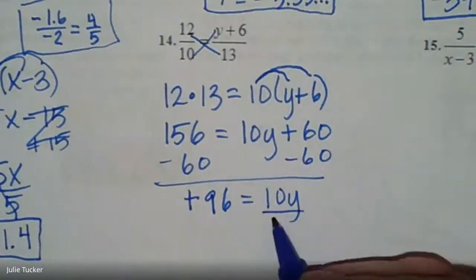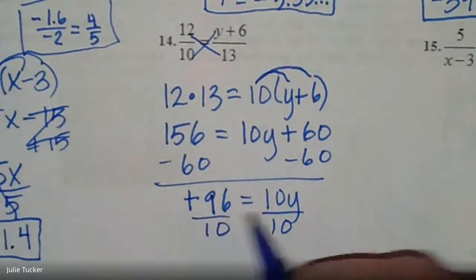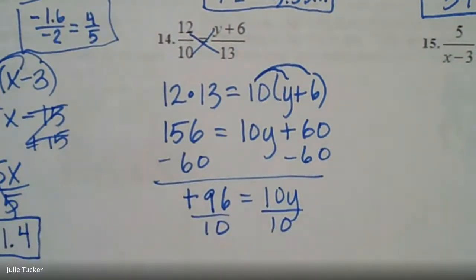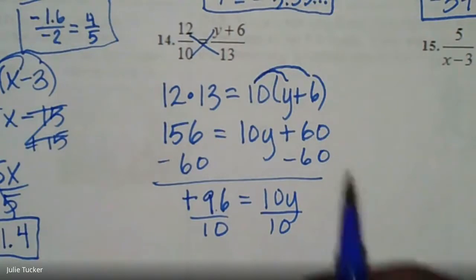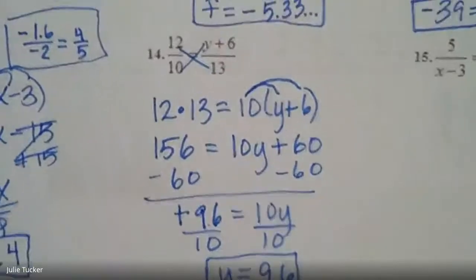Divide. All right. Now, when you divide by 10, aren't you just hopping your decimal back one place? Yeah. So 96 divided by 10 is like 9.6. And we can look at it and yeah.